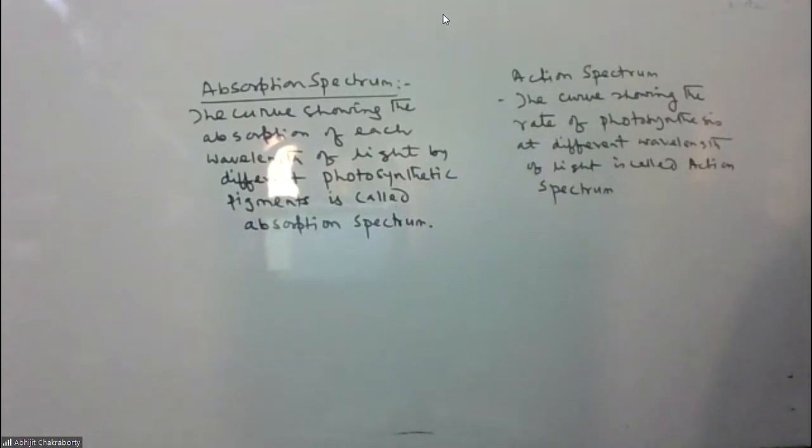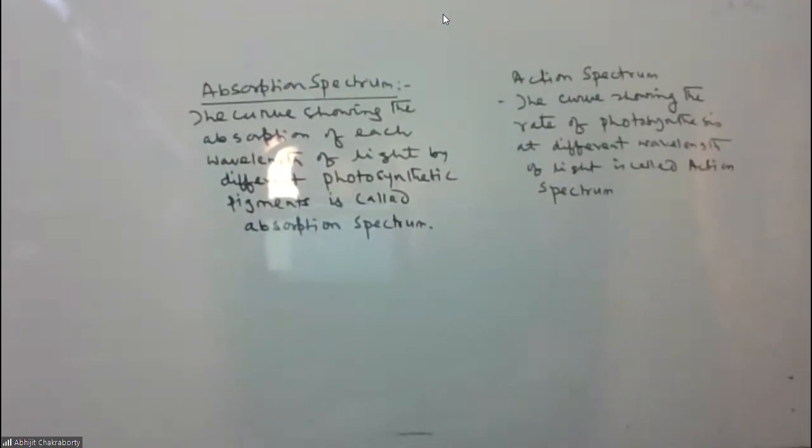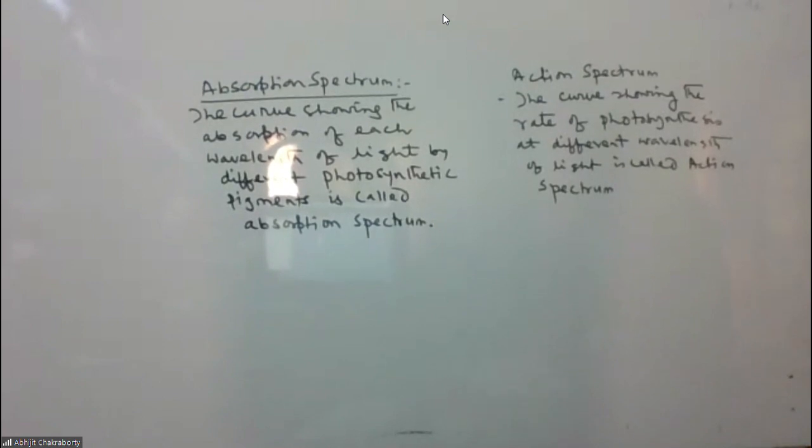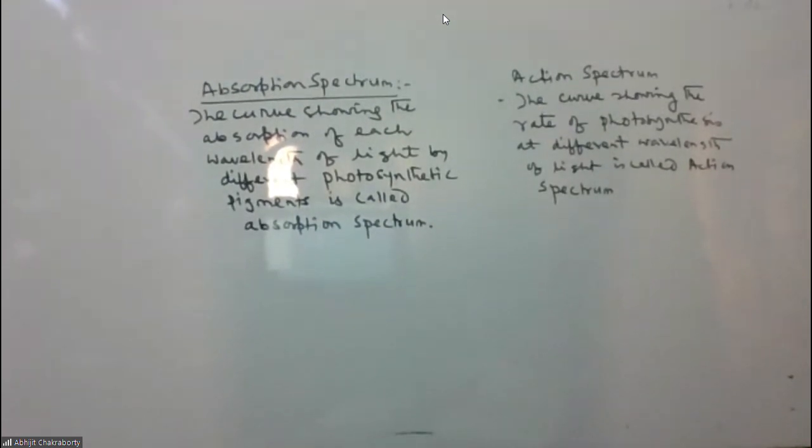Most important one. First of all, the curve showing the absorption of each wavelength of light by different photosynthetic pigments, then you can use the term absorption spectrum.